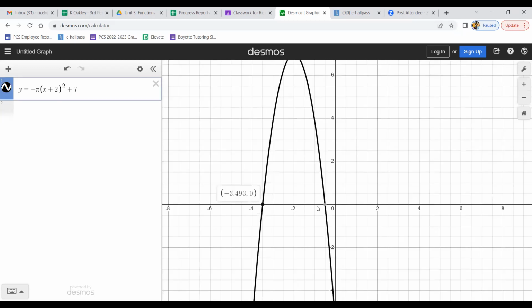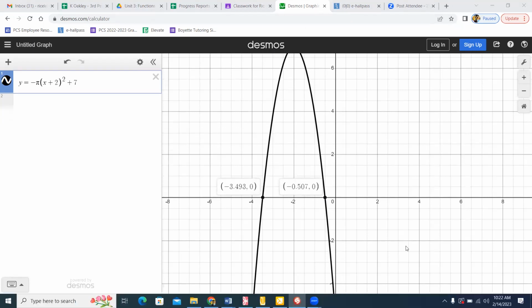And we've got x-intercepts. We got some decimals there. So my x-intercepts are at -3.493 and -0.507. And I'm writing them like points. So that's how I wrote them.